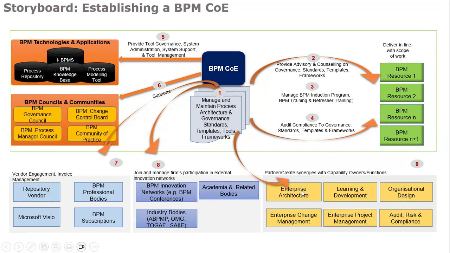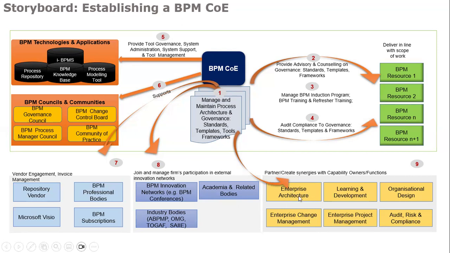Enterprise architecture: business process management is part of what's called business architecture, and business architecture is one of the components of enterprise architecture. So in fact, BPM is a subset of enterprise architecture.